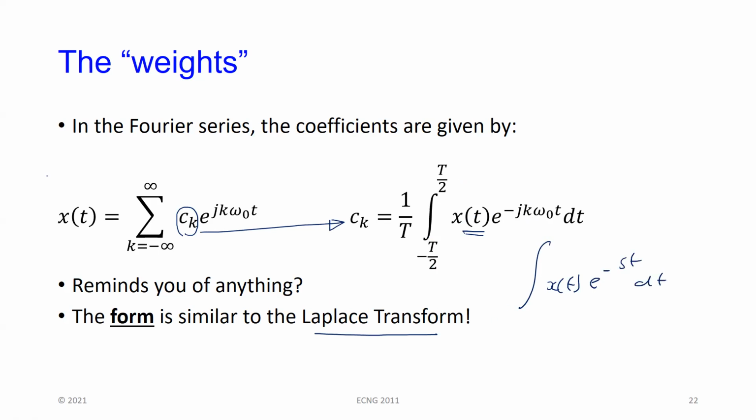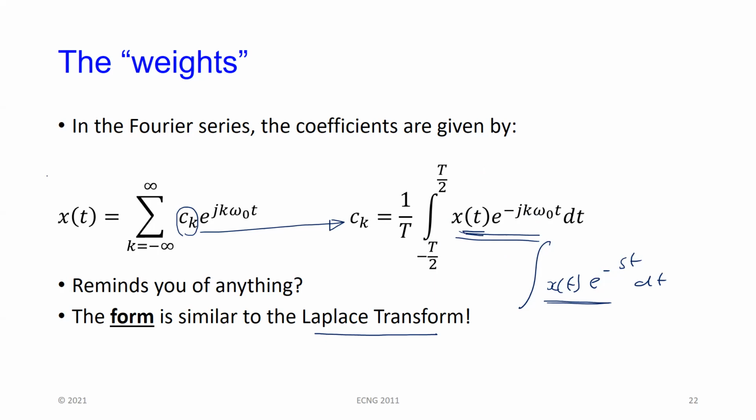So the form of this is almost the same, and it is almost like if I were to replace s with minus jk omega naught, I basically have the same integral inside of here. So doing the calculus for this and doing the calculus for this is almost the same, right?